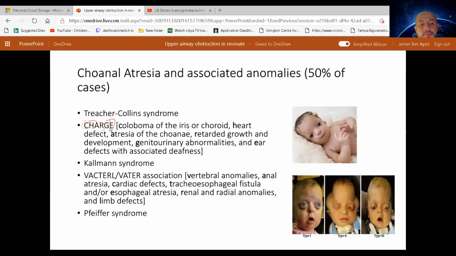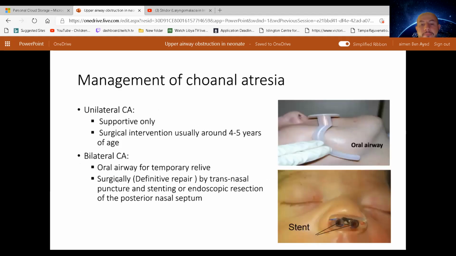Kallmann syndrome, VACTERL, which stands for vertebral anomaly, anal atresia, cardiac defect, tracheoesophageal fistula, renal, and limb anomalies. This is a picture of Pfeiffer syndrome, which can also present with choanal atresia.